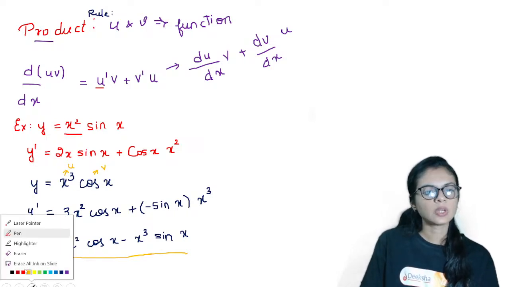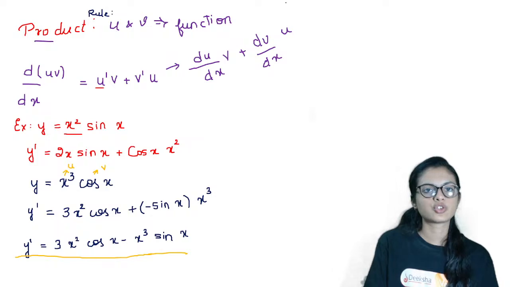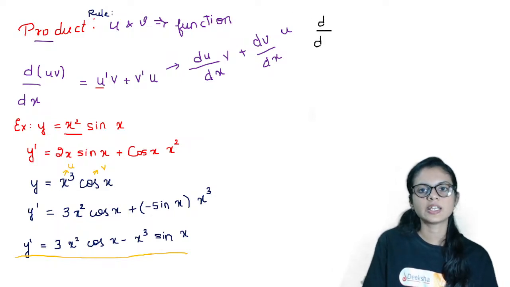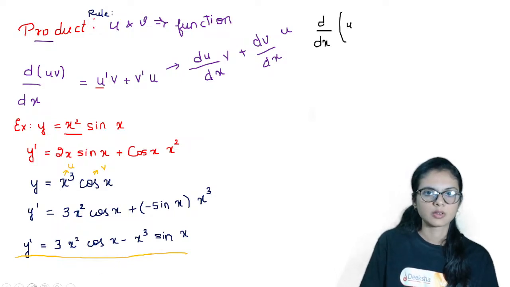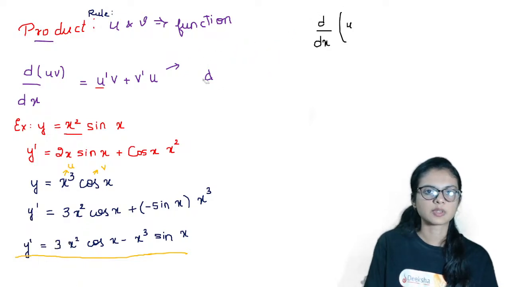Okay, now let's understand the division rule, right? If they ask us to find d by dx of u by v, let me just erase this so I can get some space.